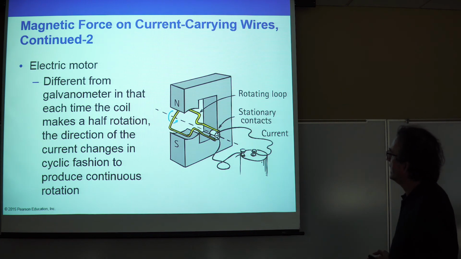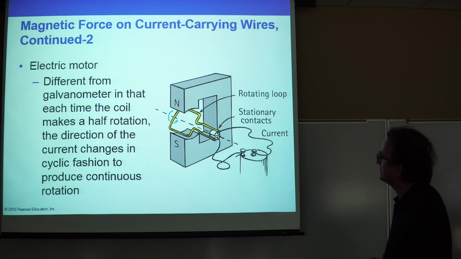And so every half rotation, the direction of current reverses itself so that the forces acting on the wire are such that it keeps it rotating in the same direction.